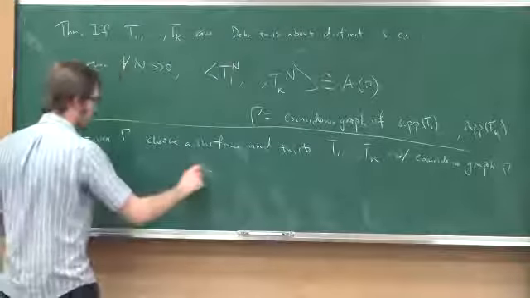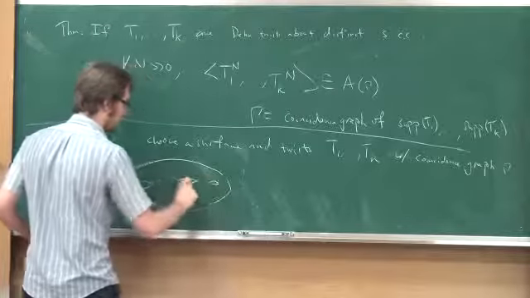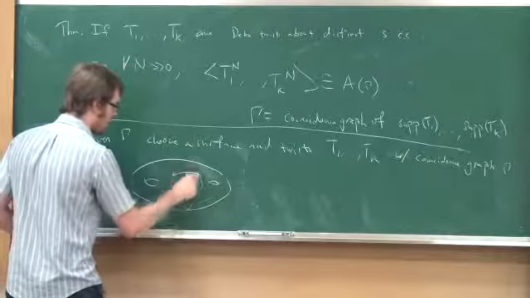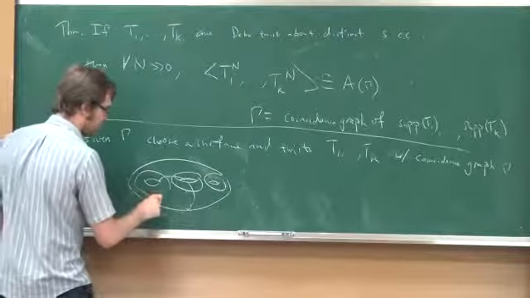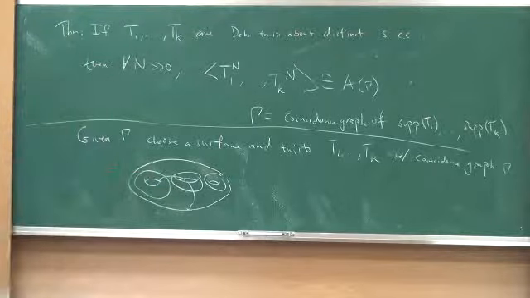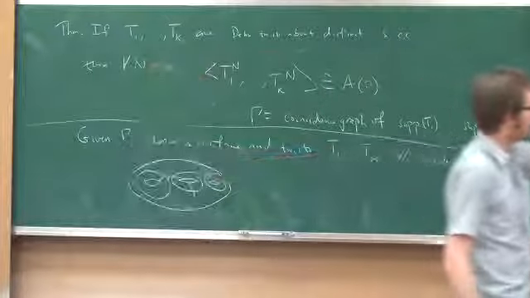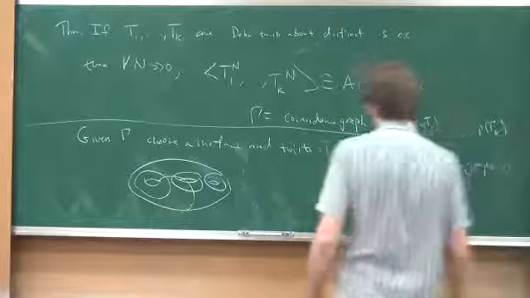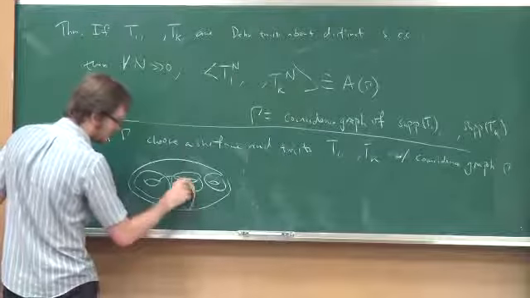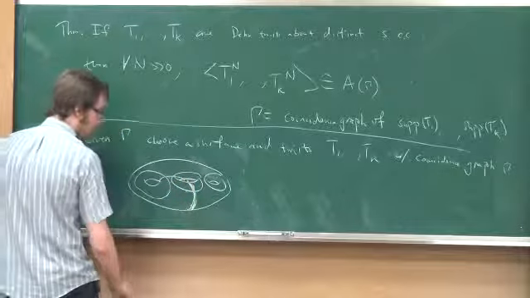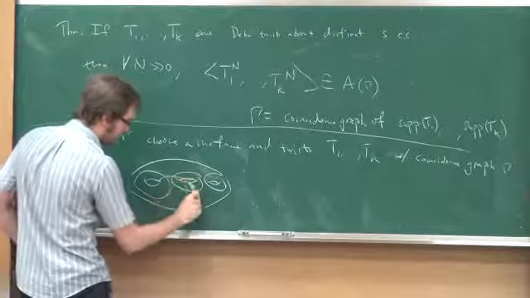And so, I don't know what this looks like. There are some curves like this. Something like that. And now, what's a vertex V? Well, it's a power of one of these Dehn twists. So let's say it's a power of the Dehn twist about the blue curve. This is V.